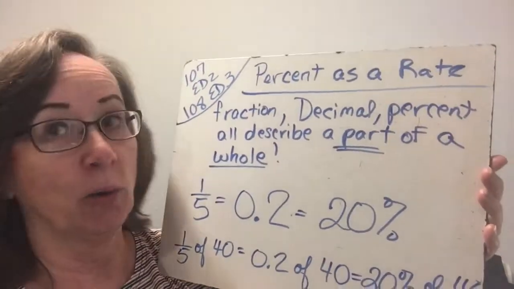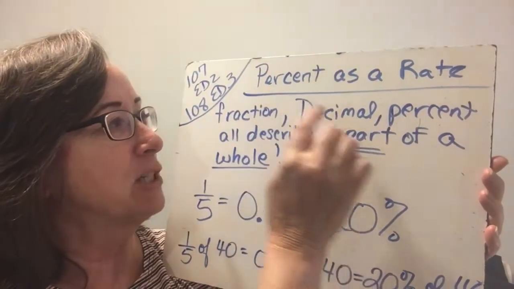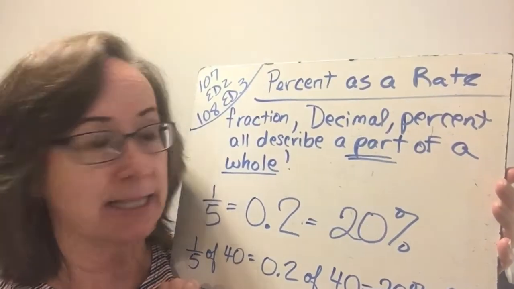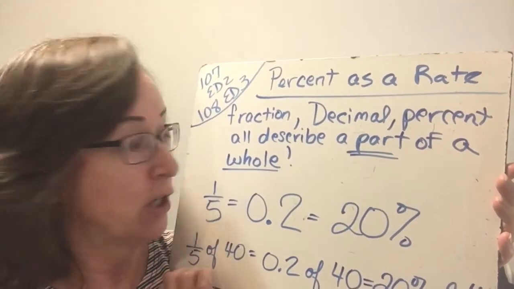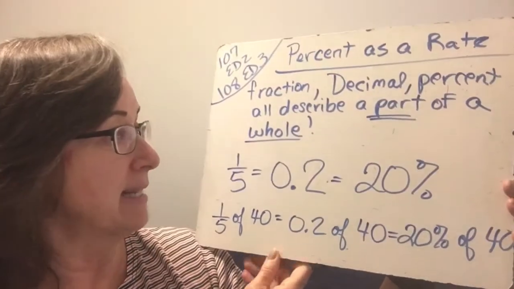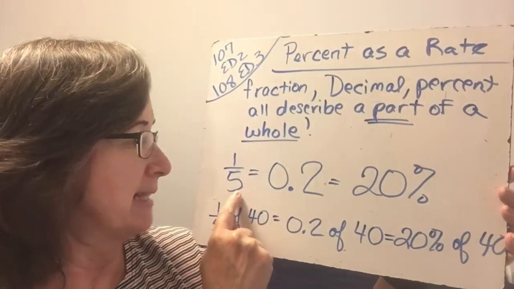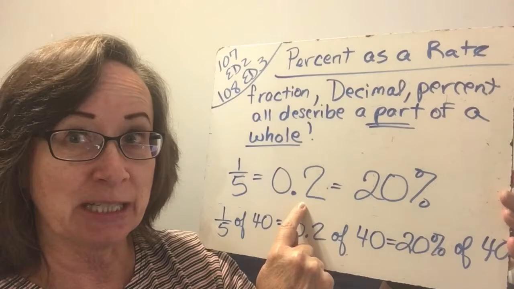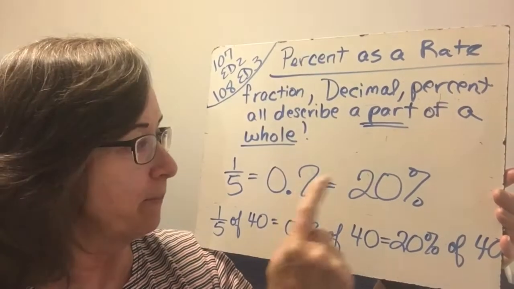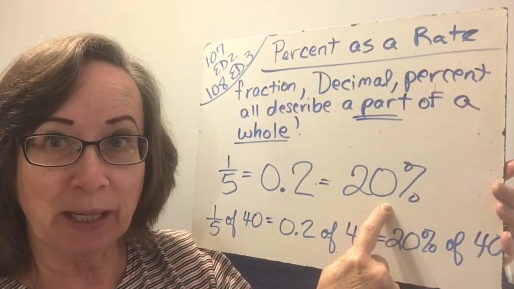And we all know, we've learned before, that fractions, decimals, and percents all describe a part of a whole. So we can look at 1/5 as a fraction, as a decimal, it is 0.2, and as a percent, it's 20%.